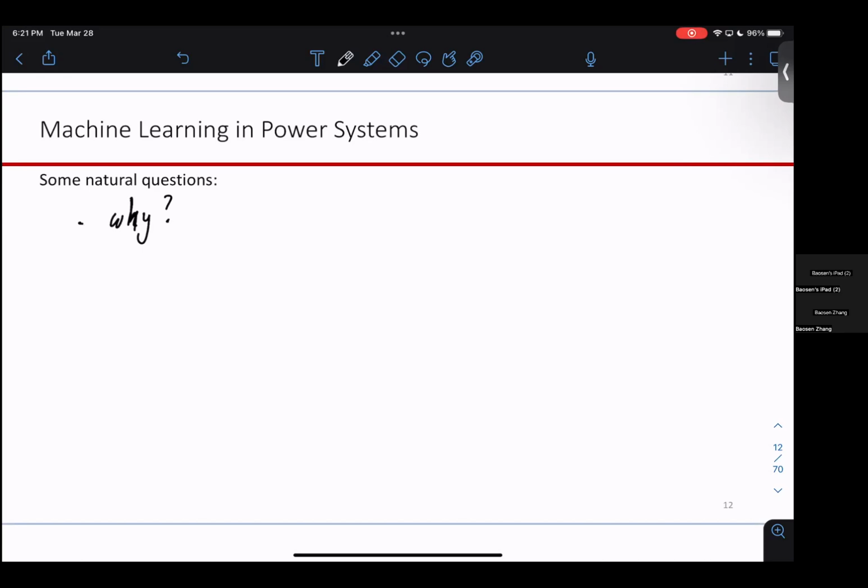But it didn't seem like we needed learning before. So why are we now interested in learning and data science for power? Can you guys think of some applications? You want to transfer electrons from one place to another. Why do you need machine learning to do this?